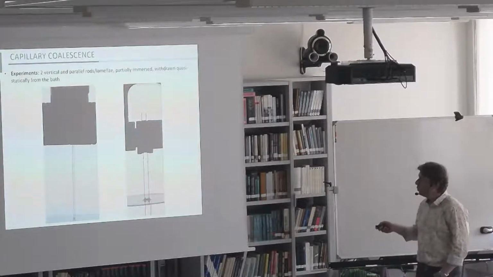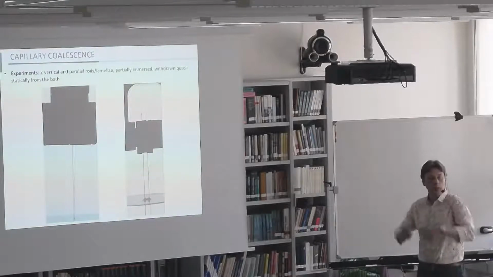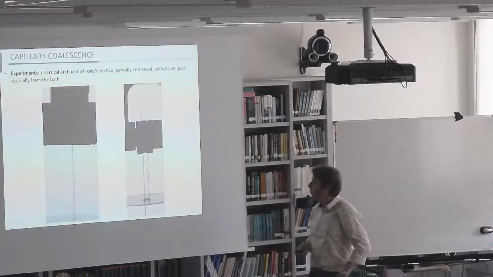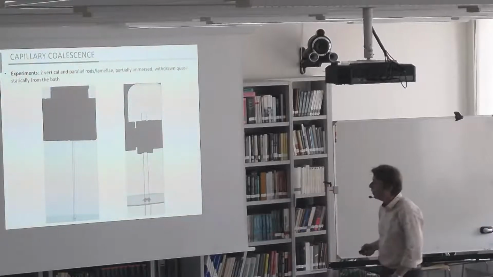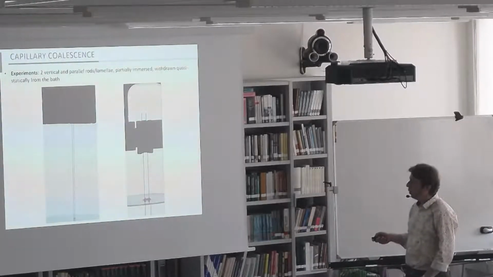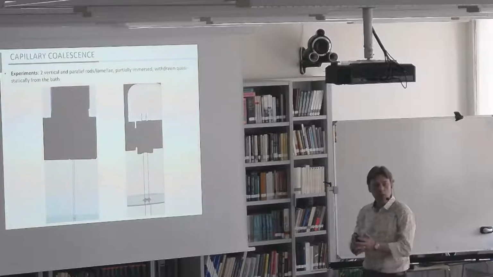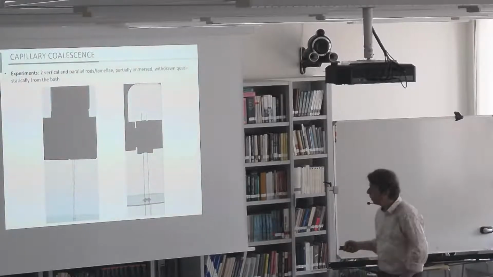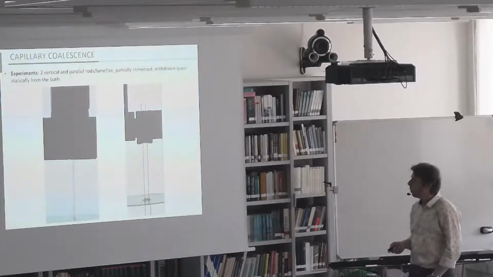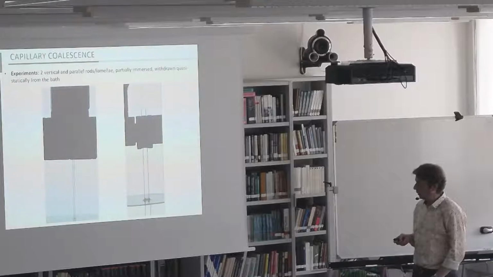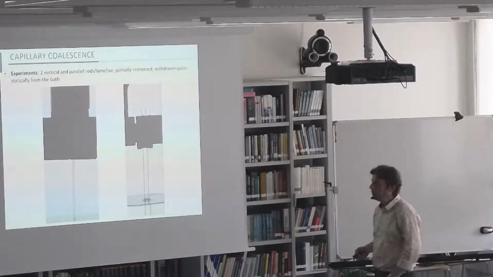But now, when you withdraw the structure, you increase the dry length, so you decrease the effective stiffness, and at some point, this is what you get for rod, you go into contact. And then you can plunge back the structure, and you see that they do not separate immediately. You will see here also for lamella. You see at some point, they actually snap to contact, and then they do not separate immediately.